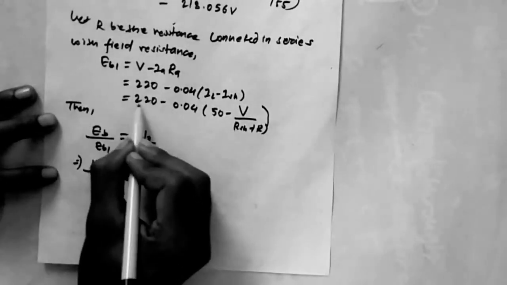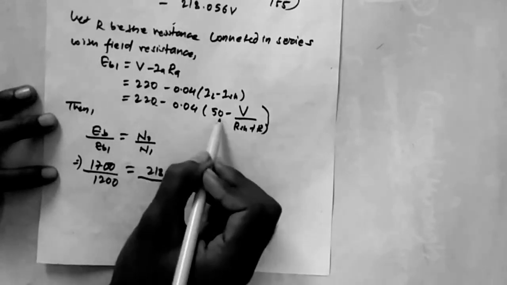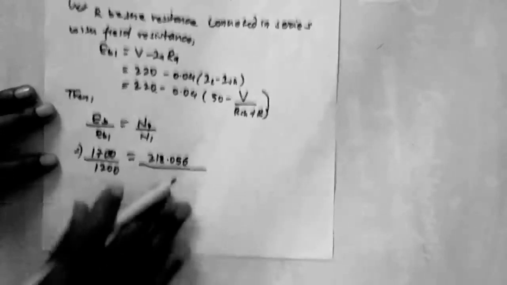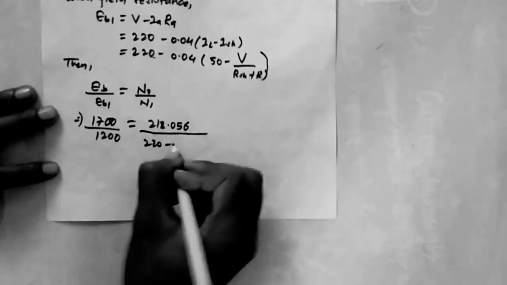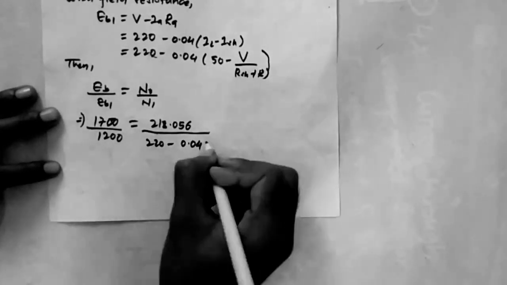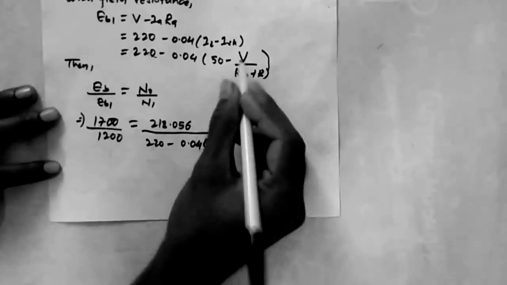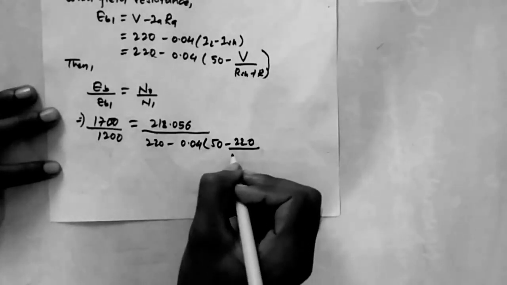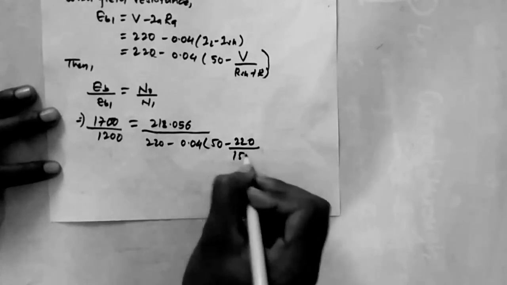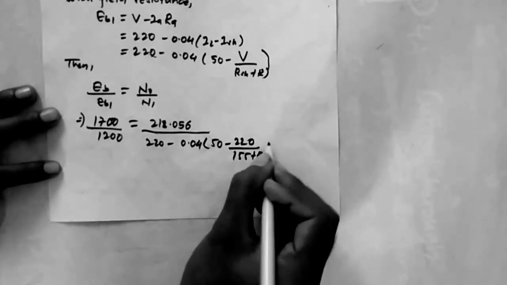In place of Eb1 we will write 220 minus 0.04 into (50 minus V upon RSH plus R). So 220 minus 0.04 into (50 minus 220 upon 155 plus R).